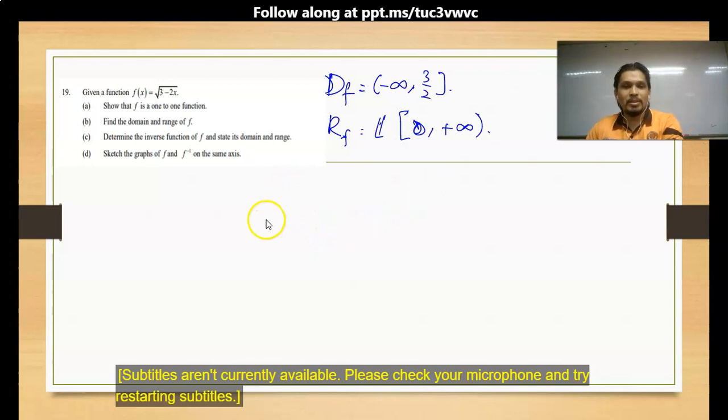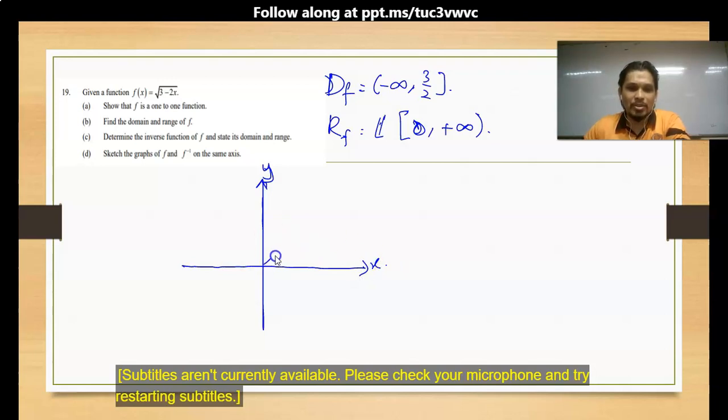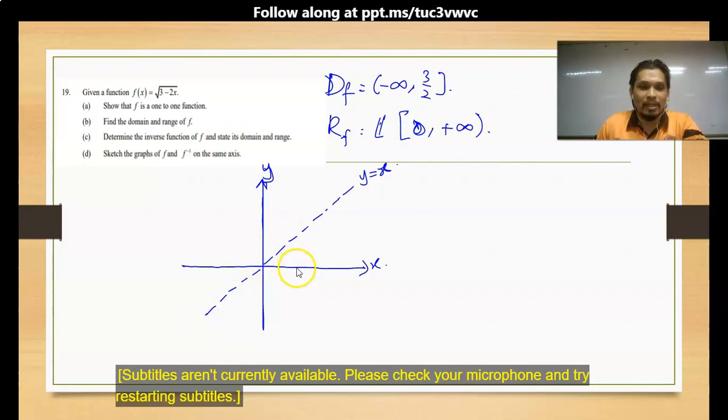So now it's time for us to sketch the graph of this. Okay. So extra line of y equal to x. Just now the graph of f(x) begins starting from 3 over 2, which is 1 over 5.